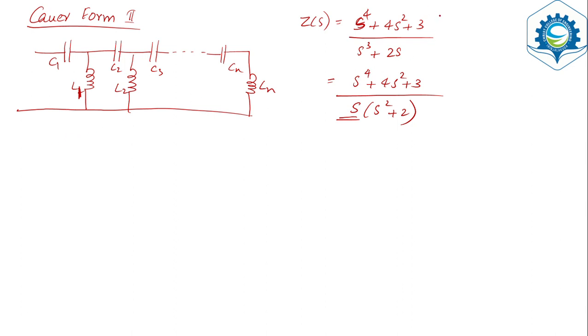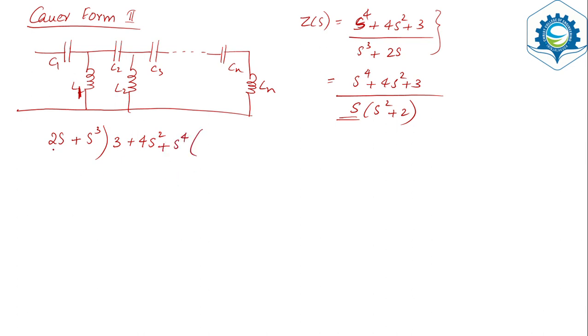So we are going to take this particular polynomial, not the one with s common. This was just to check how we have to draw the figure. So you take it in the reverse order. You write down 2s first, and then s cube. On the dividend part, you write 3, then the next power of s, that is s square, and then the highest power, s raised to 4.